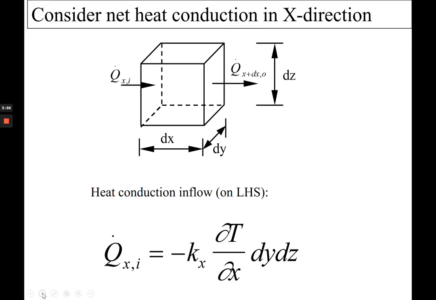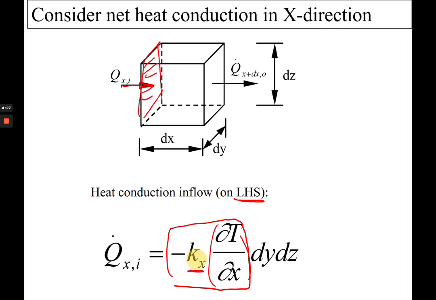On the left-hand side, we have heat transfer by conduction. This is only one part of the whole body. Fourier's law of heat conduction defines the amount of heat by conduction per unit area in this direction as the temperature gradient in the x direction times the thermal conductivity in the x direction.